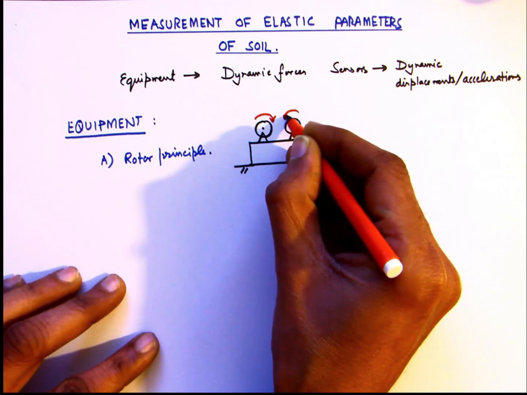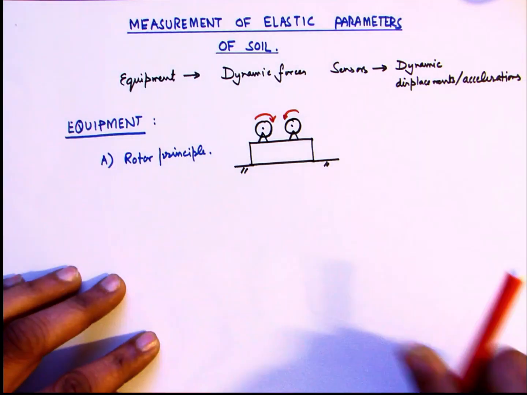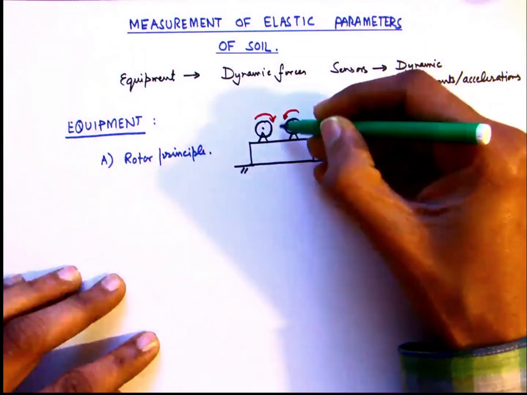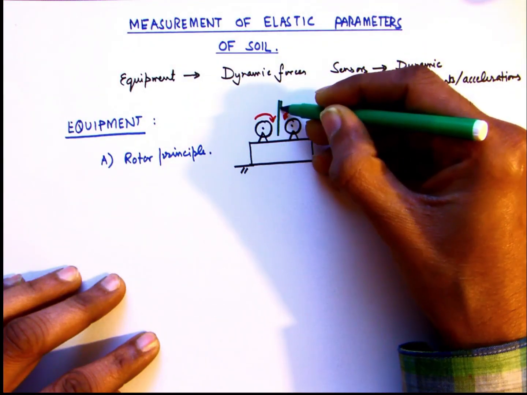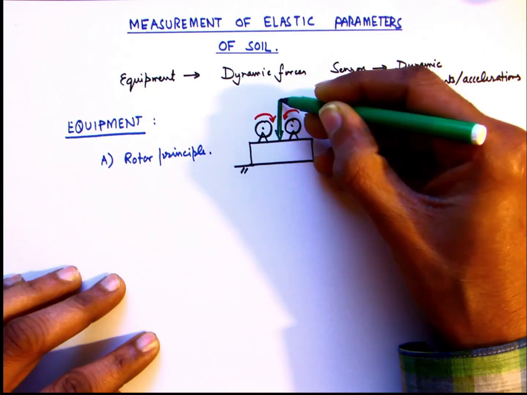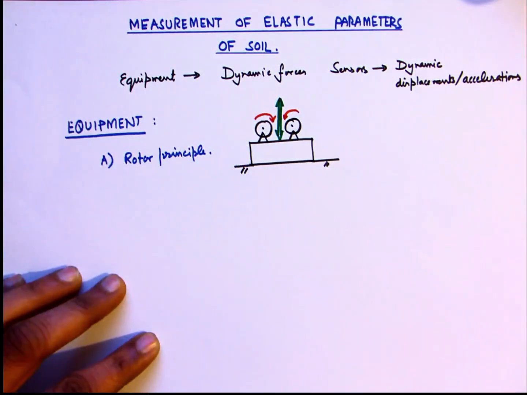The net effect of such rotations by this synchronized pair of eccentric masses is that the net force is generated in one particular direction as shown here.